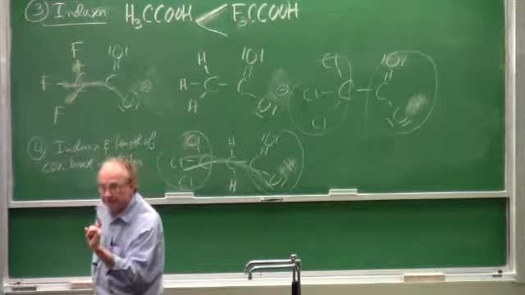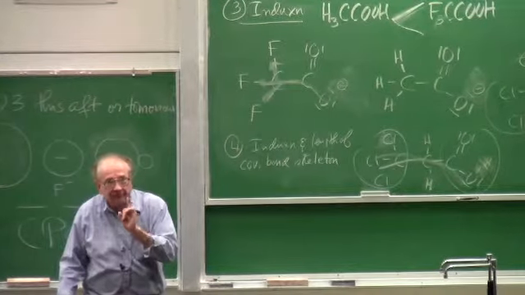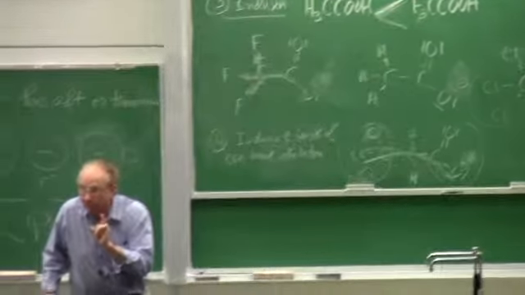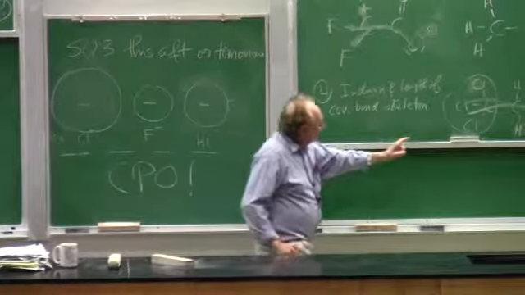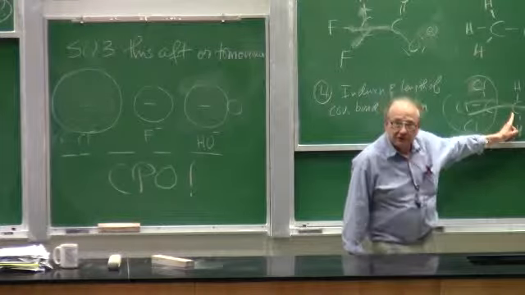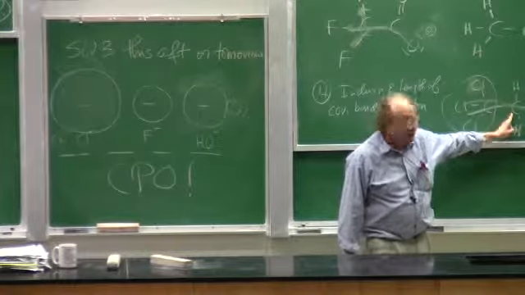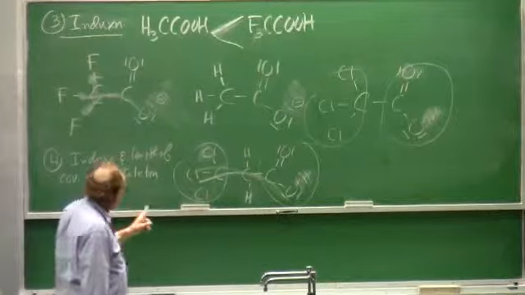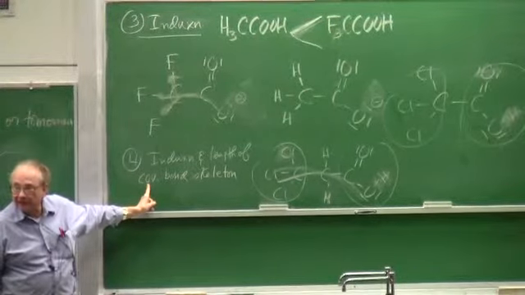The atoms which can stabilize negative charge by induction have got to be fairly close to that place in the species where the negative charge has been developed. Here, the chlorine atoms are another atom removed. And so, if we go to the laboratory and find that that acid is a lot stronger than this acid, we now know that induction and length of covalent bond skeleton relate to each other.